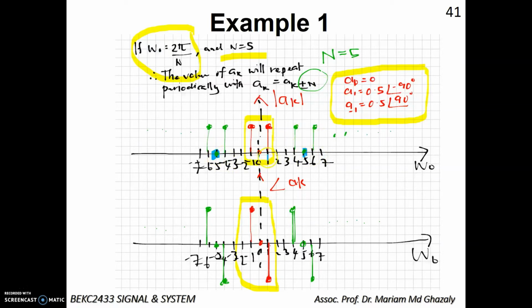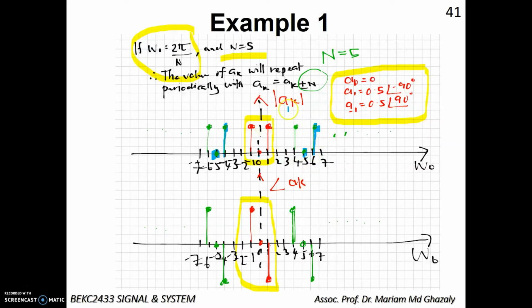And let's go to a1. a1 is at 0.5, so at this point a1. If it's delayed and advanced by 5, you just need to add plus 5 and minus 5. Plus 5 means it's going to go in advance: 1, 2, 3, 4, 5 at this point. And in delay: 1, 2, 3, 4, 5.